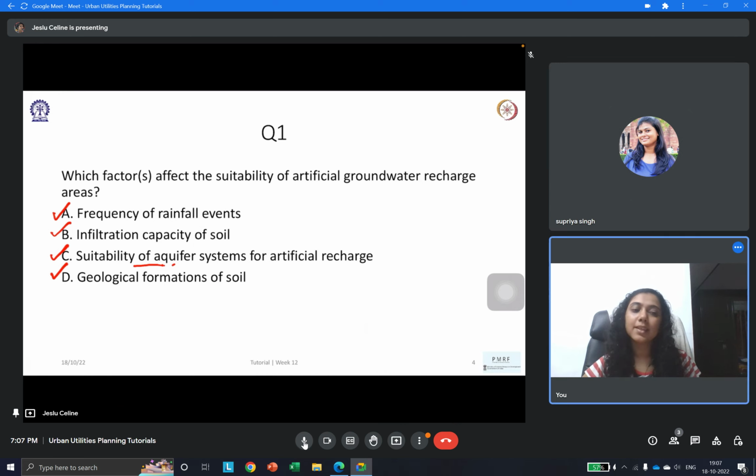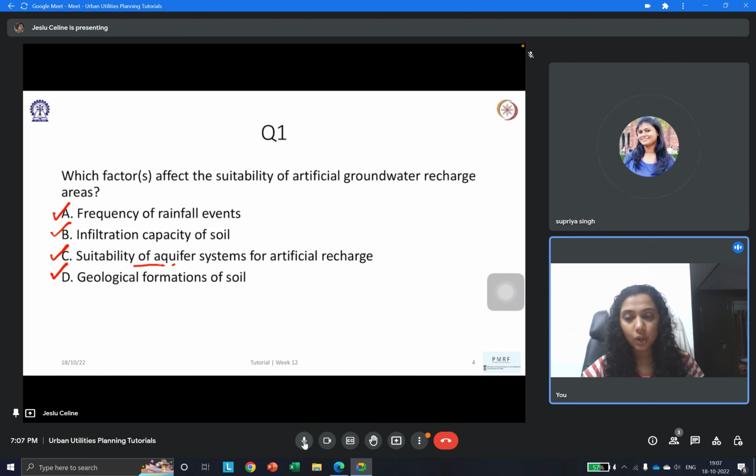Basically, you need an aquifer, and that aquifer should be in a condition so that we can recharge it. If there is no aquifer, or if it is in a very poor situation, then whatever effort we make, if it cannot be recharged, there is no point doing it. So before we do artificial groundwater recharge, we need to ensure that the aquifer is suitable for that particular artificial recharge.